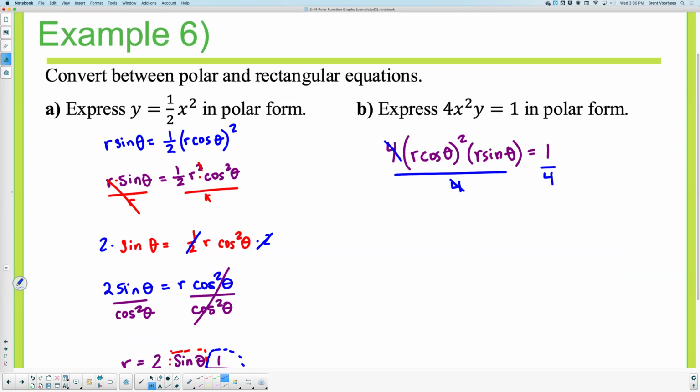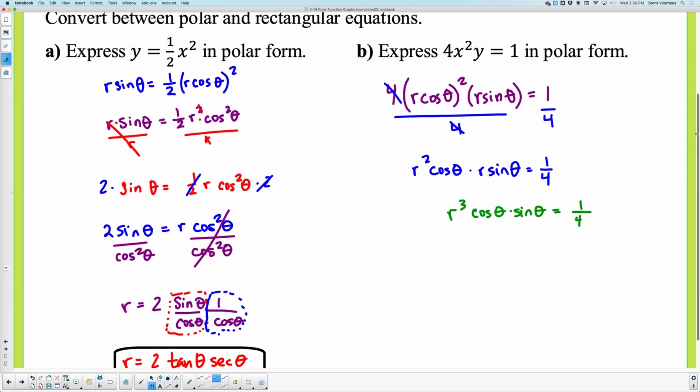So when I do that, I'm left with r squared cosine squared theta times r sine theta equals 1/4. If I combine my like terms, I now have r cubed cosine squared theta times sine theta equals 1/4. And now from both sides, I'm going to divide out that cosine and sine.